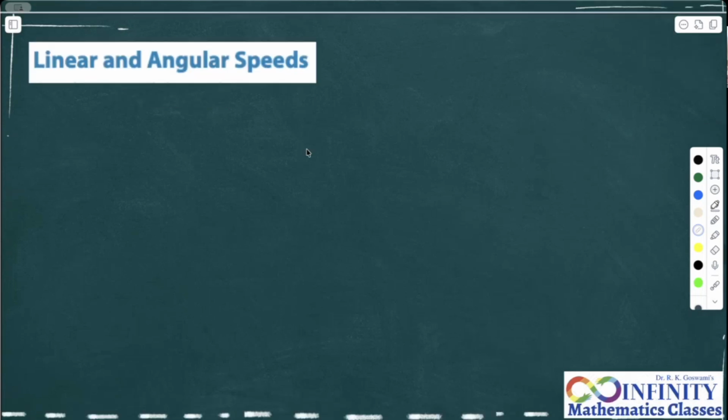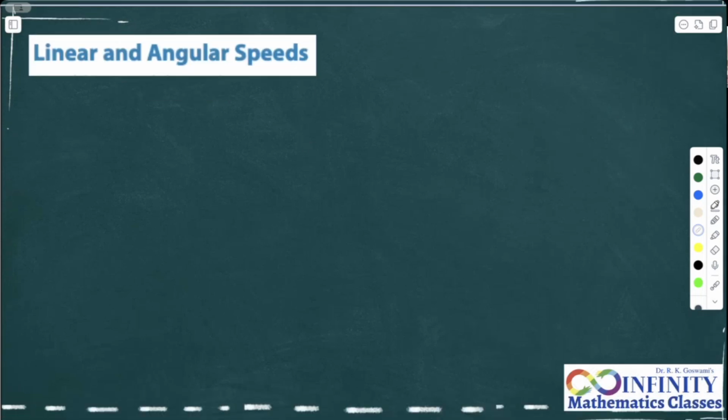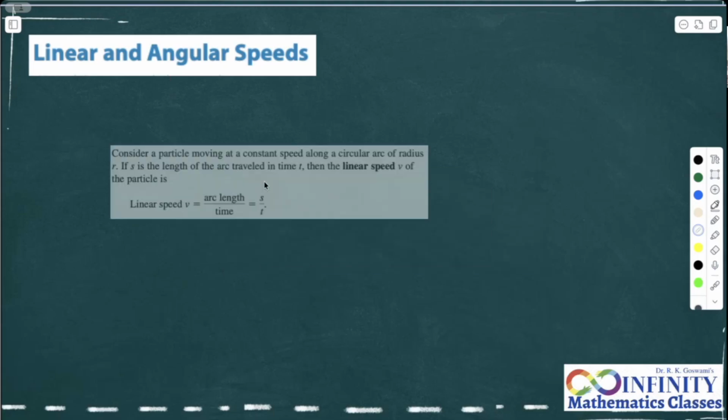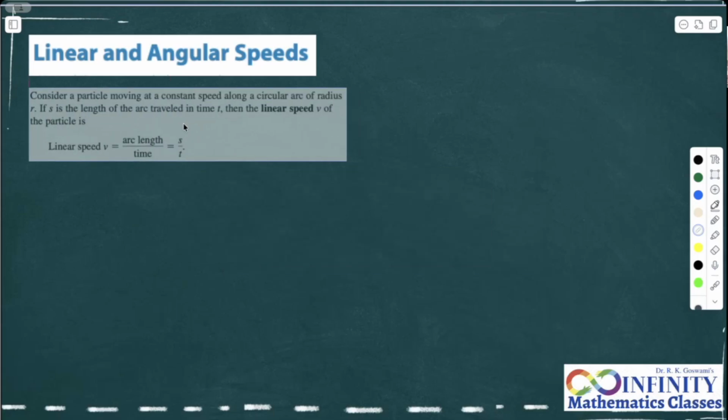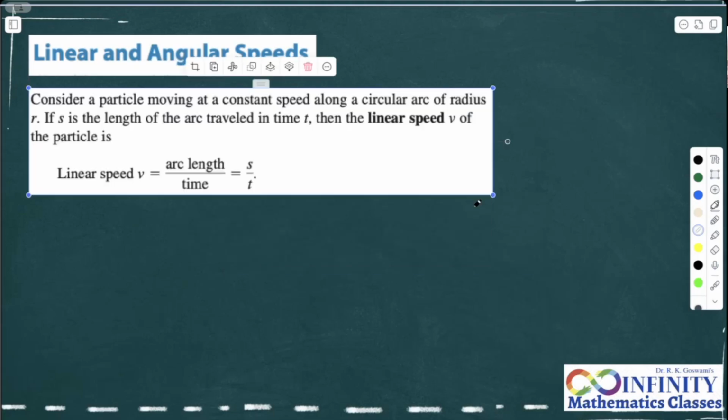Just suppose a particle is moving along the circumference. So basically, whatever the speed it will observe there, this is going to be our linear speed. Let me tell you once more. Consider a particle moving at a constant speed along a circular arc.